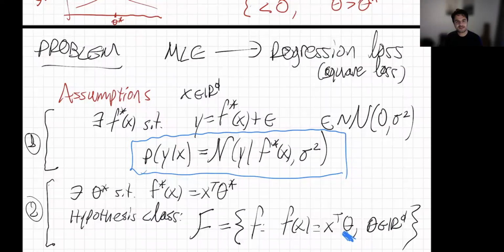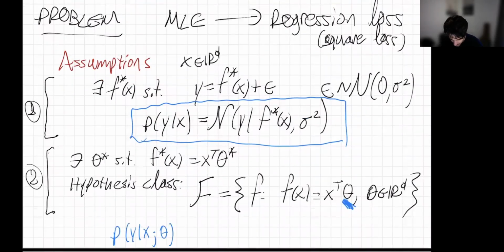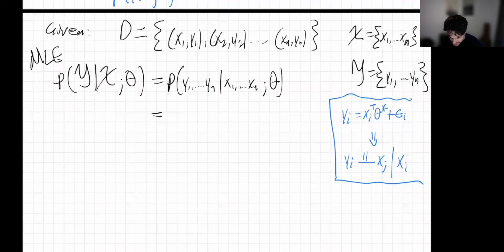The distribution of x's does not matter, really. All that matters is how the y's are generated from the x's. So all we need here is this conditional independence to say that yi only depends on xi. If I'm given xi, any other values for xj, xk, xl make no difference on the distribution of, sorry, of yi.